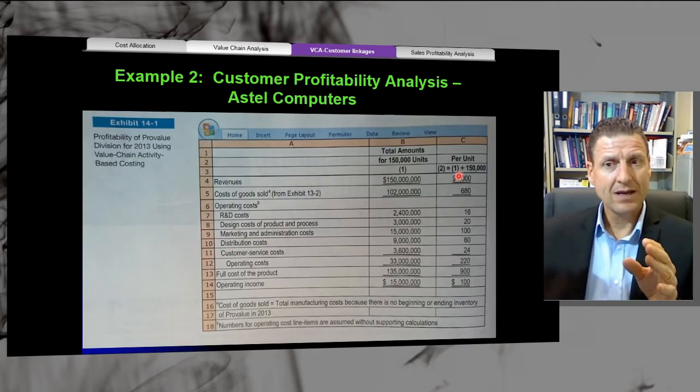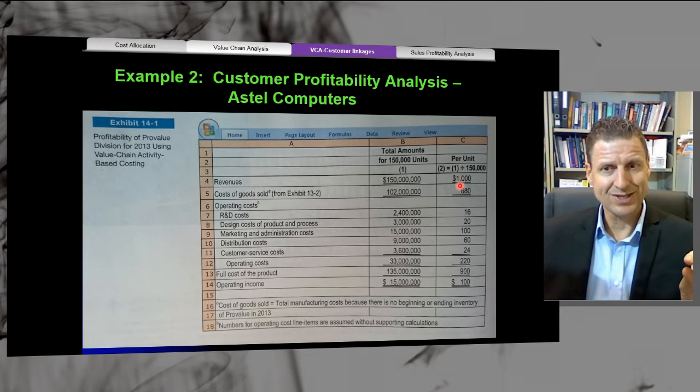So you see, the average is $1,000, but not every customer or retail establishment was paying on average $1,000. That's the total average. Some customers were paying more, some were paying less. What about the operating costs? We have all of these costs we may need to consider. So let's just keep in mind that we've got all this information and we're mindful about the revenues that Pro Value is trying to get for its computers.